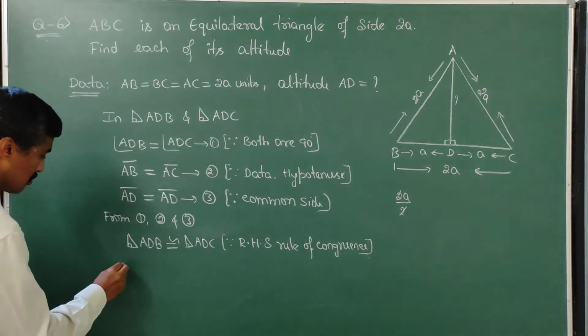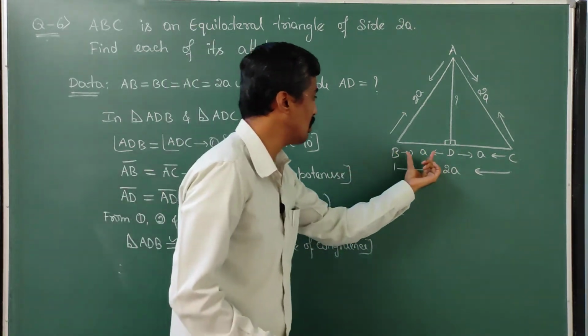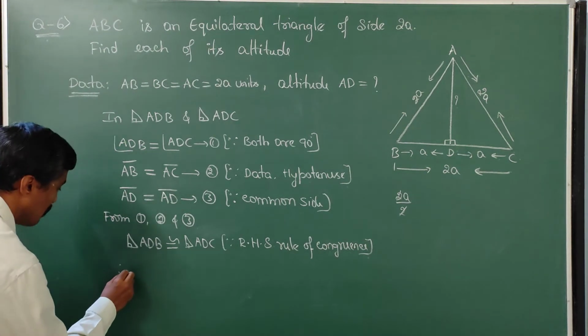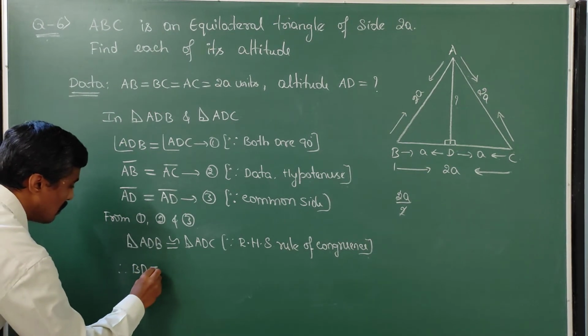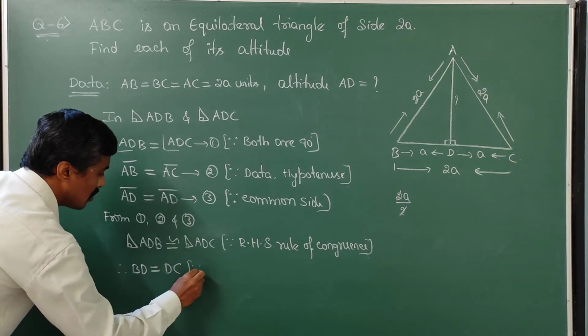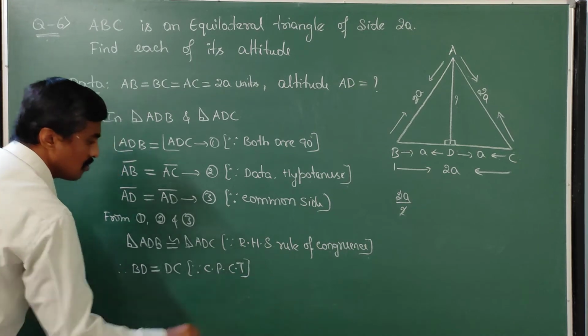Therefore if they are congruent, then their corresponding sides are equal, so BD side is equal to DC side. So therefore BD is equal to DC according to CPCT, corresponding parts of congruent triangles.